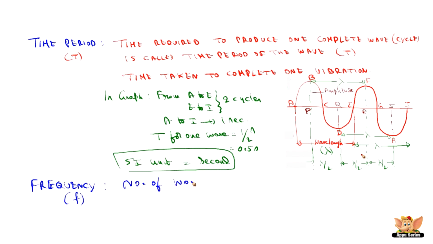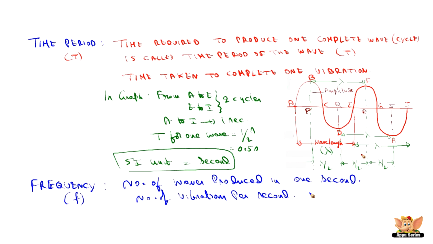So the frequency is the number of waves produced in 1 second, represented as small f. This number of waves is nothing but the number of vibrations also. We can put it as the number of vibrations per second is also called frequency. The SI unit for it is hertz.